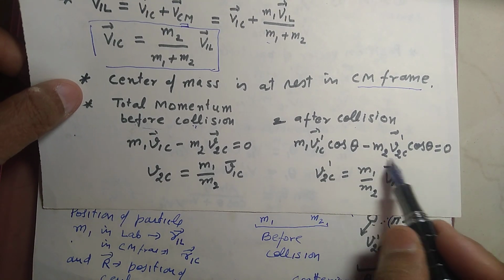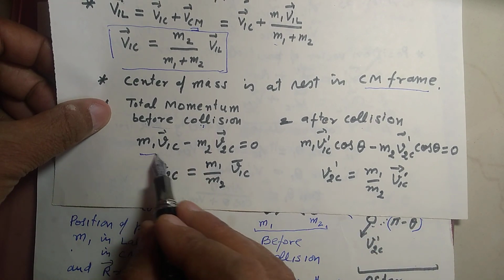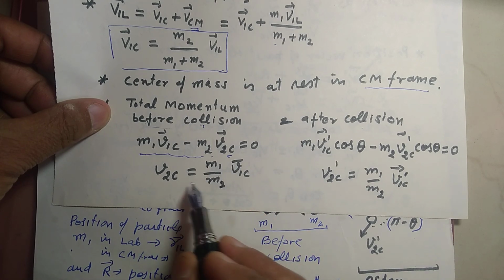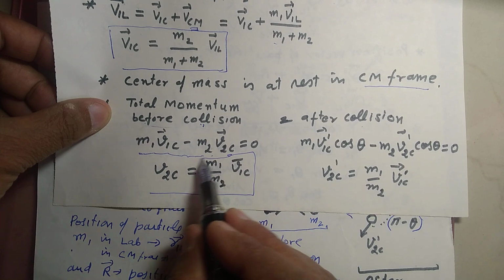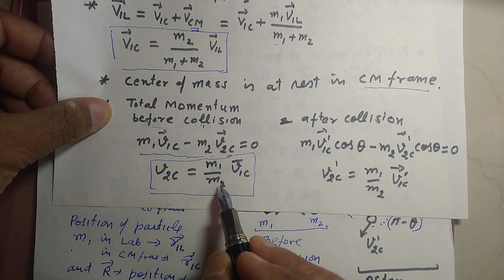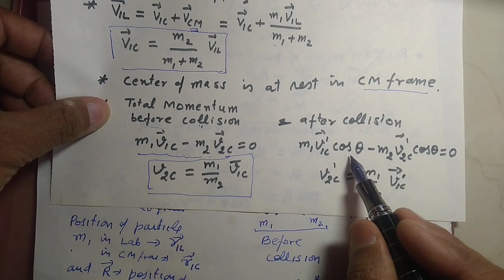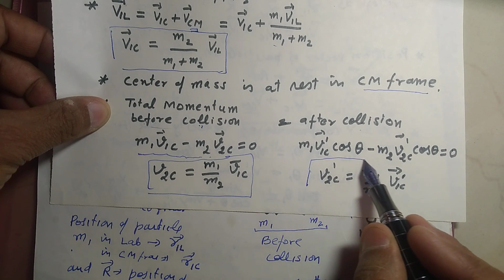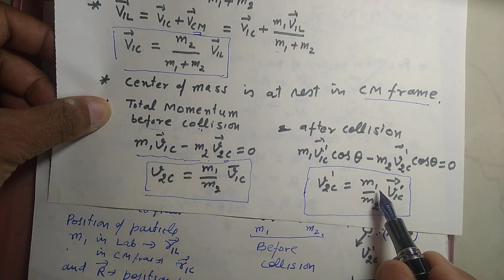So we can write this again 0. So on rearranging this, from this we can get the expression for P2C. If we rearrange this, we will get the expression for v2c is equal to m1 divided by m2 v1c, and from this cos theta will get cancelled, and we get v2c prime is equal to m1 by m2 v1c prime.